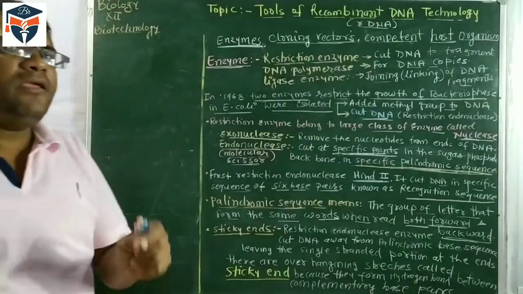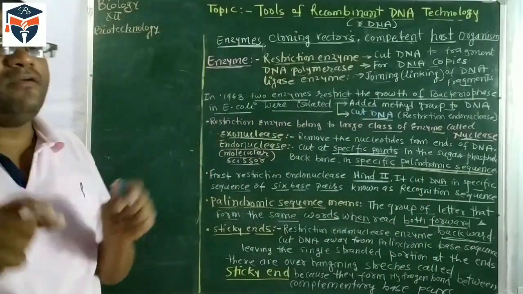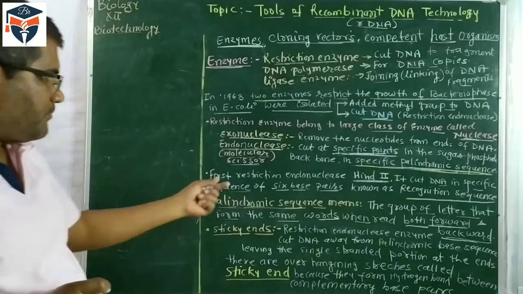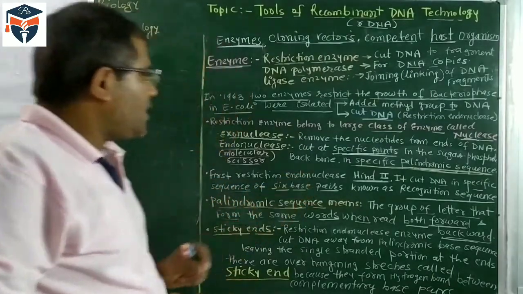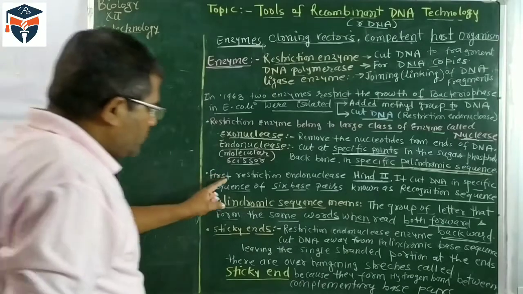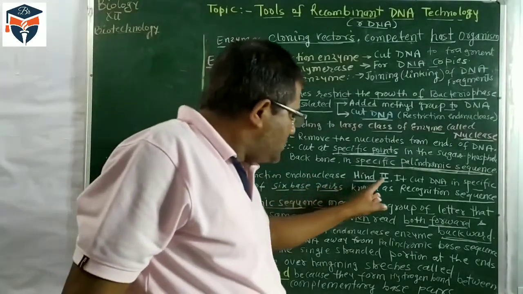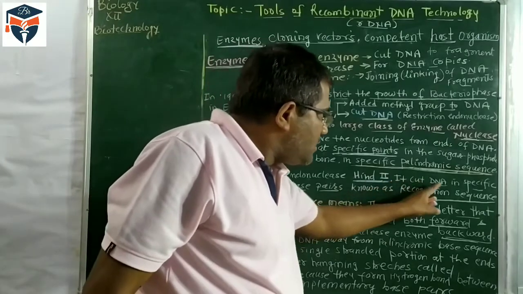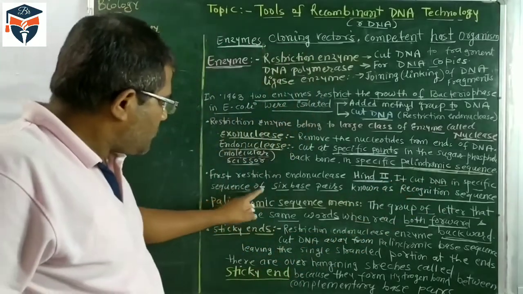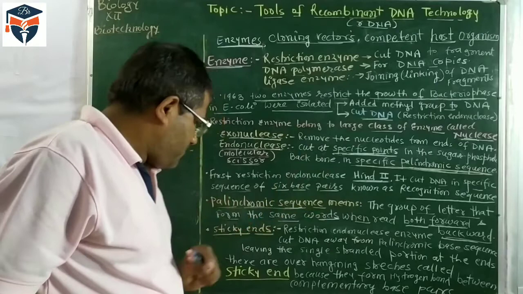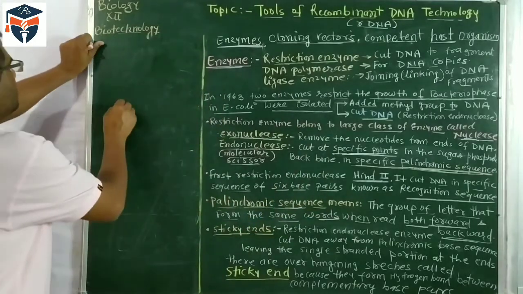So the first restriction endonuclease, HindII, cuts the DNA in a sequence of 6 base pairs.